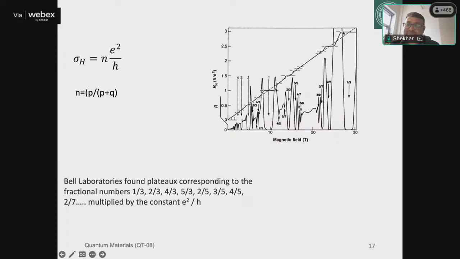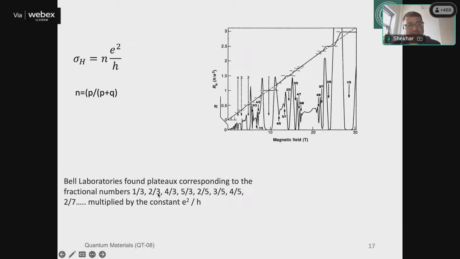The last step is e square by h, which is quantized again. Here n is the quantum number; in the previous case it was an integer 1, 2, 3, 4, 5, but here n is also related to p by p/q, where p is a prime number and q is an integer.